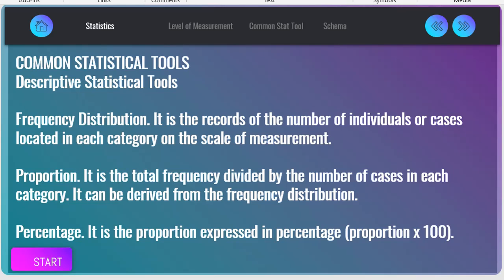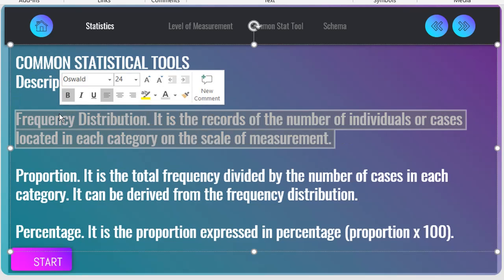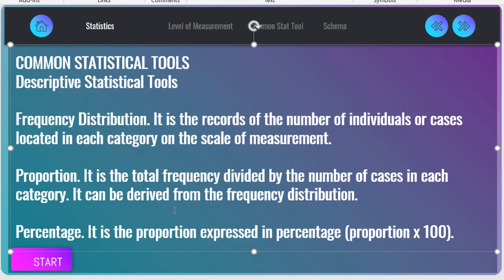Frequency distribution is the record of the number of individuals or cases located in each category on the scale of measurement. Frequency tells you how often something happened. The frequency of an observation tells you the number of times the observation occurs in the data.